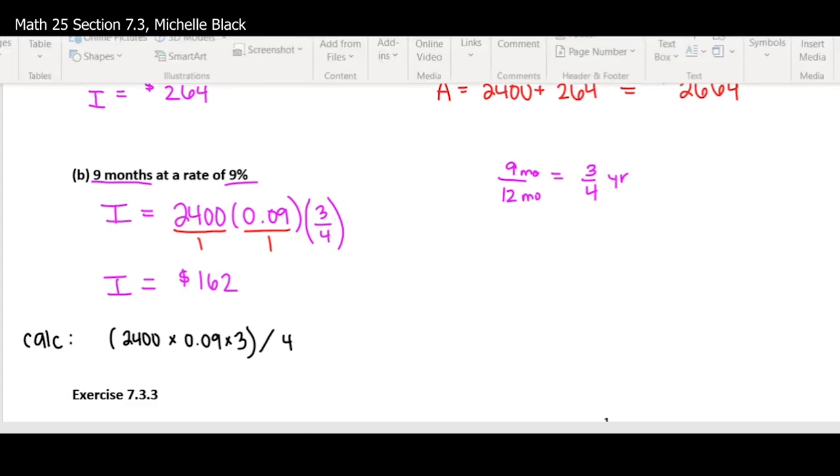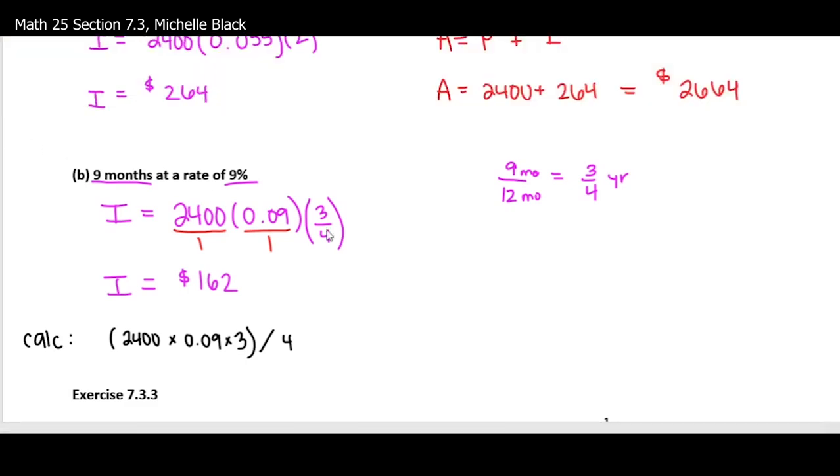All right, and then our future value, we just need to add this to our principal, which was 2400. So for a loan with these conditions, I would need to pay back $2,562.